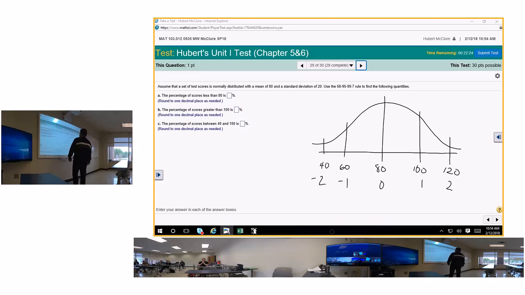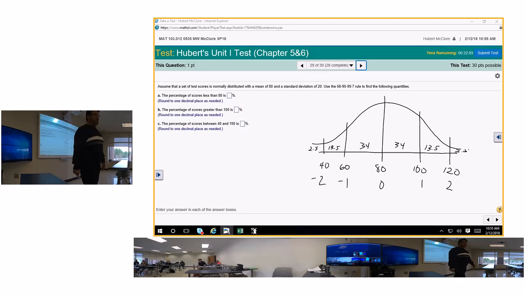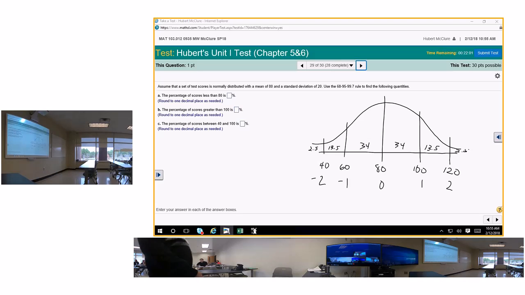They want to know percentage. Let's go ahead and do that. This would be 2.5, 13.5, 34, 34, 13.5, and 2.5. And now all you got to do is just ask what they're asking. What's above the score of 80?